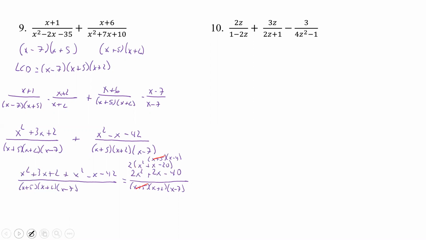The 2, nope. And so final answer is going to be 2 times (x - 4) over (x + 2)(x - 7). And so then that would be our final answer in the factored form, again, to show that we can't cancel anything out. All right, what do we have up here?